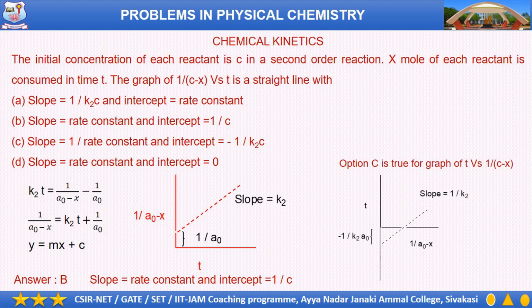Option B, slope is equal to the rate constant and the intercept is equal to 1 by C. Option C, slope is equal to 1 by rate constant and the intercept is equal to minus 1 by K2 C. Option D, slope is equal to the rate constant and the intercept is equal to 0.